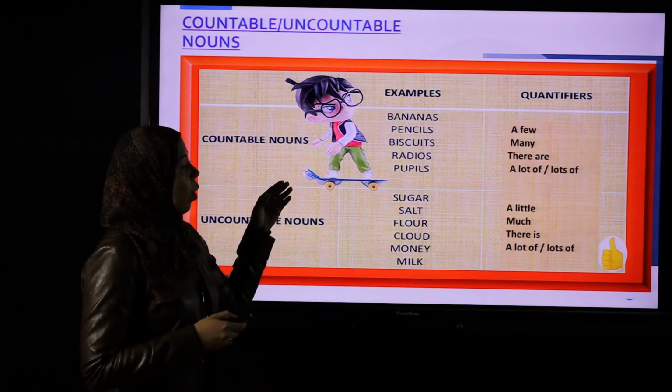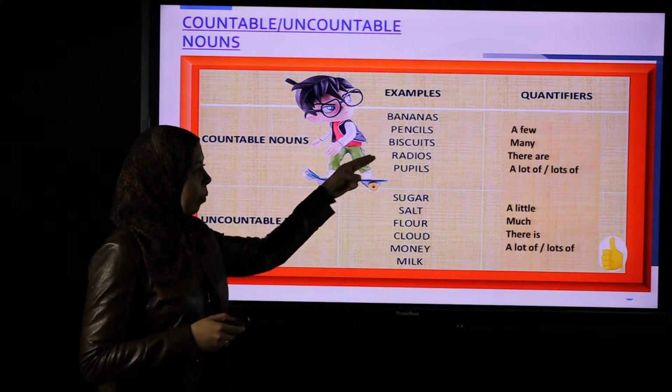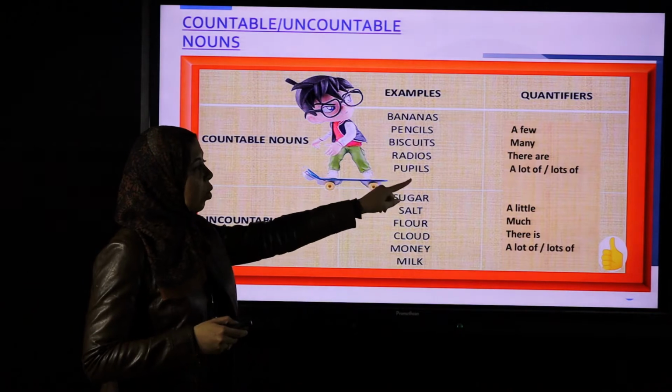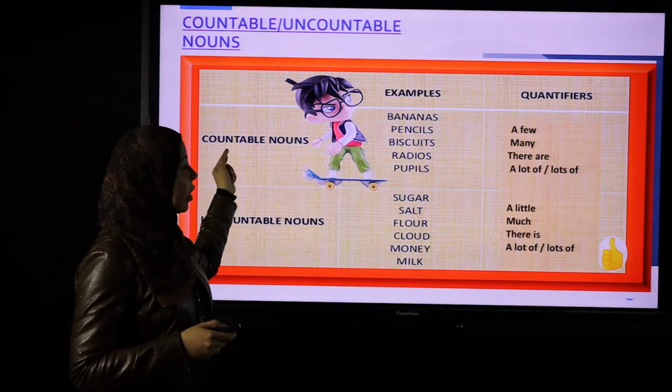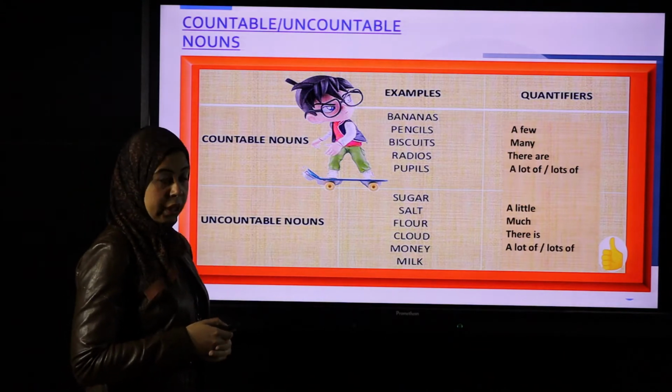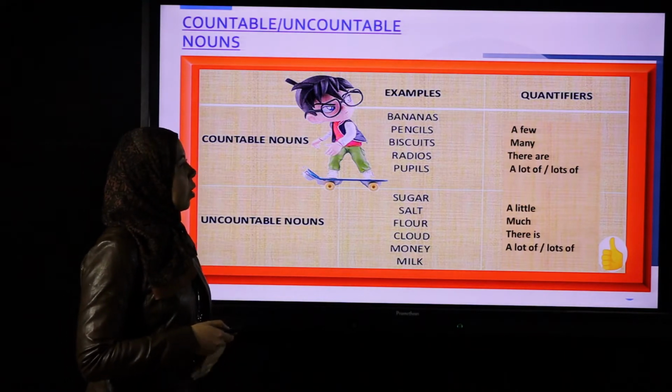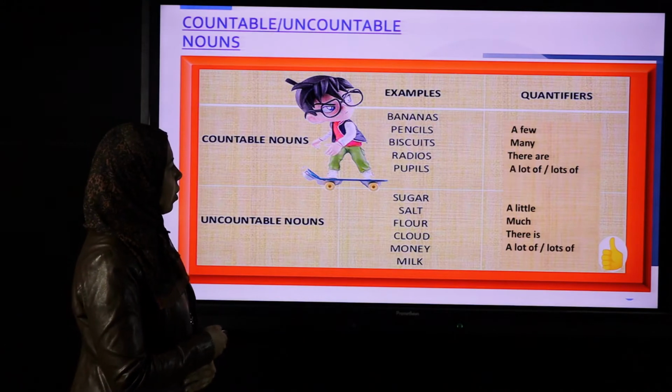Or when we talk about both of them, we can use a lot of or lots of. So a lot of or lots of is common between countable and uncountable nouns. Okay, so let's go to the other slide.